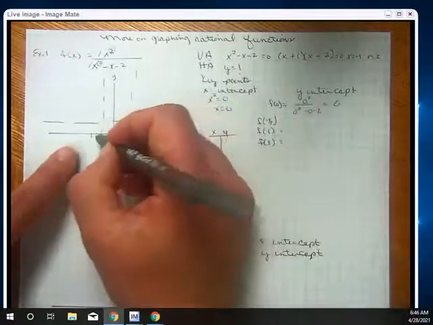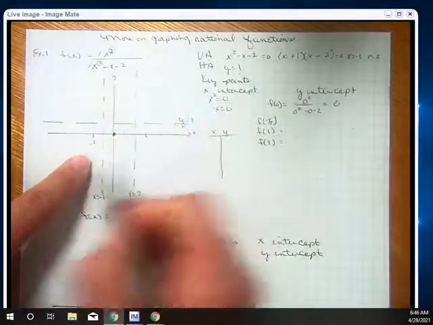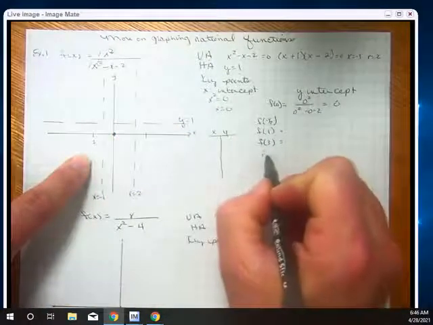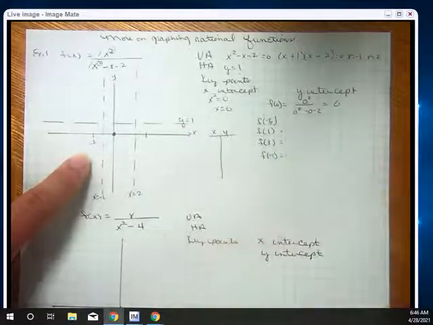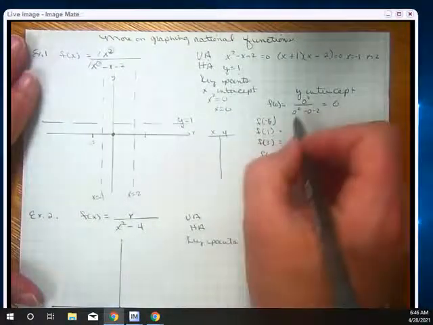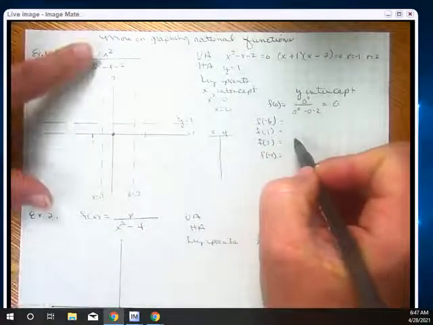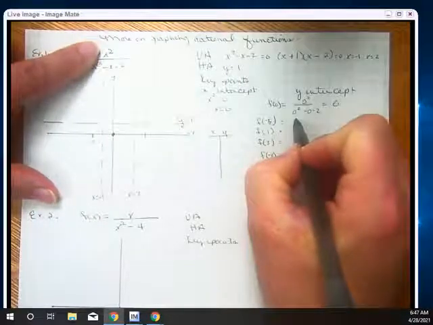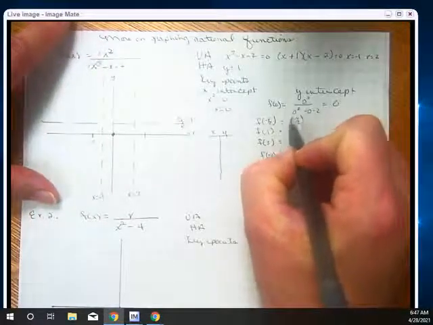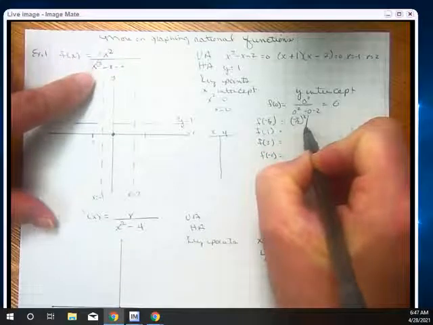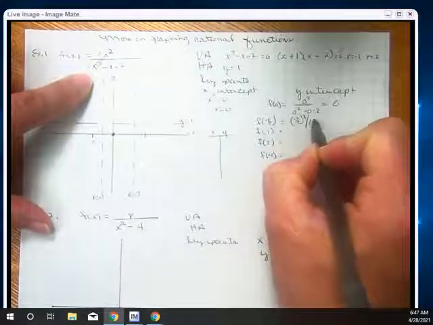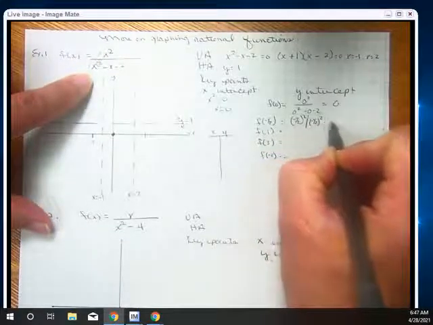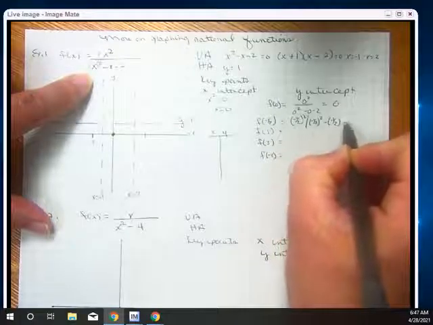And then I need to know what's happening out to the left of negative 1 or at negative 2. So those are the points that I'm going to be looking at. And I substitute those into my original equation. It's negative 1/2 quantity squared divided by the negative 1/2 quantity squared minus the negative 1/2 minus the 2.